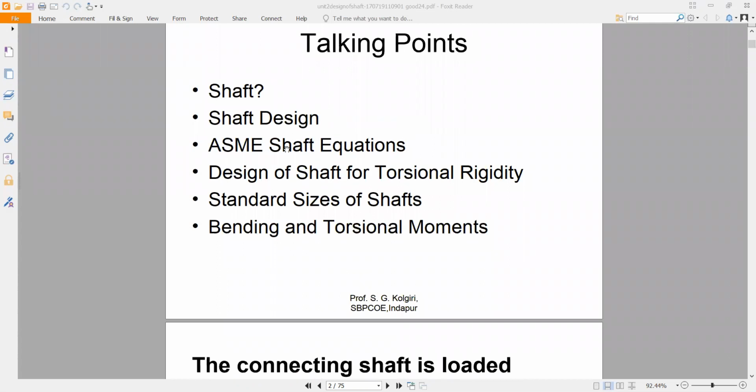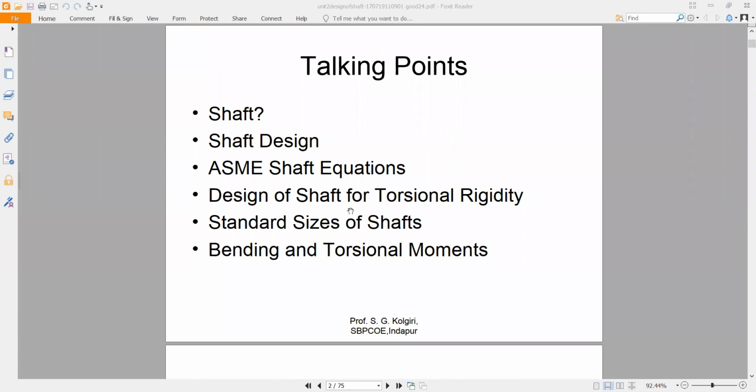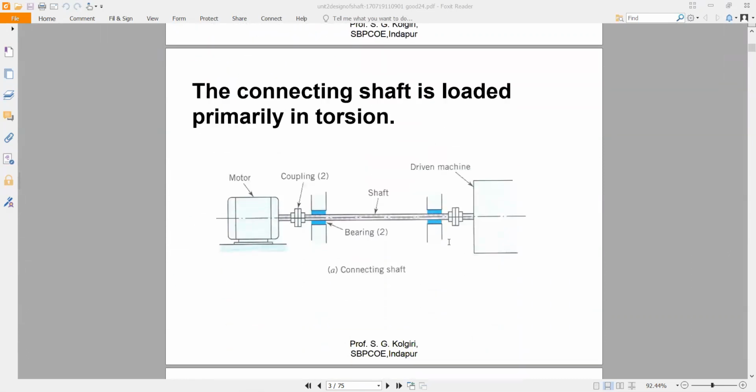The shaft has its own standard equations. Normally when we design a shaft, we do calculations for torsion, bending, and so on. This is a sample location of the shaft. The motor is here, connected by a coupling between two shafts.